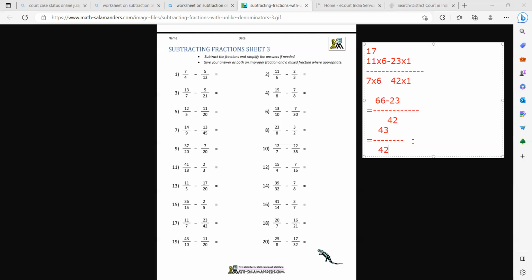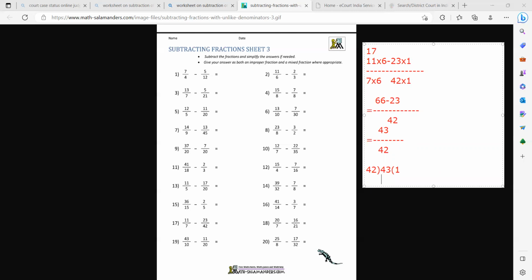So 43 divided by 42 will be equal to 1, and 43 minus 42 will be 1. So it is 1 whole 1 by 42.